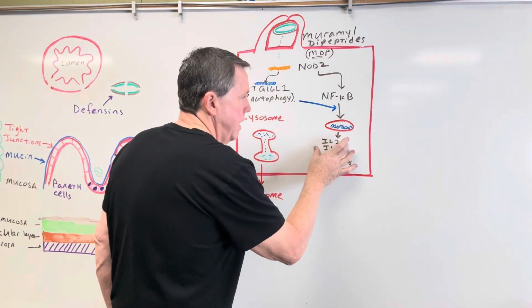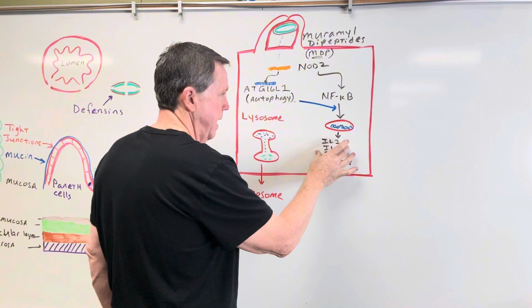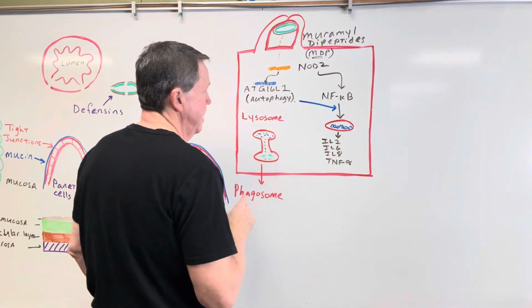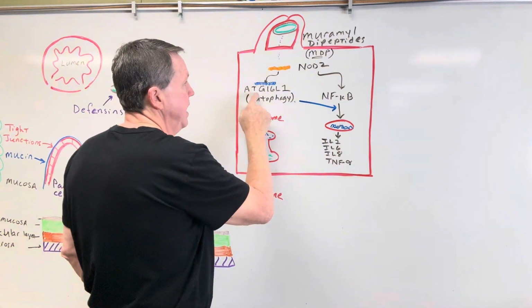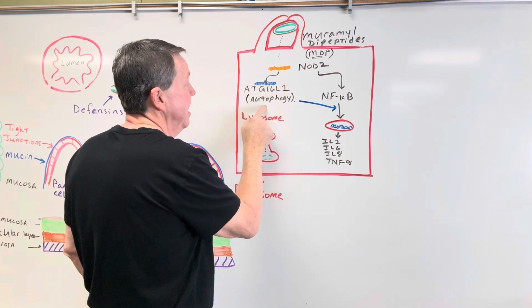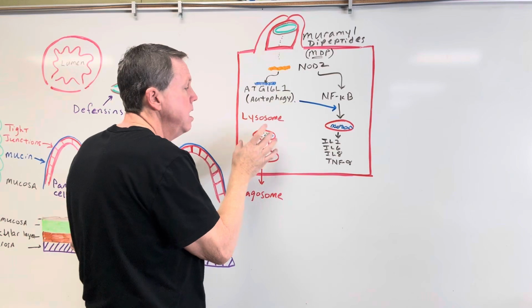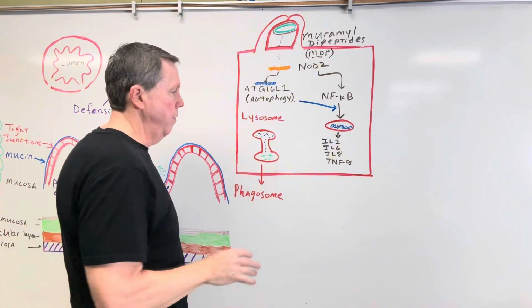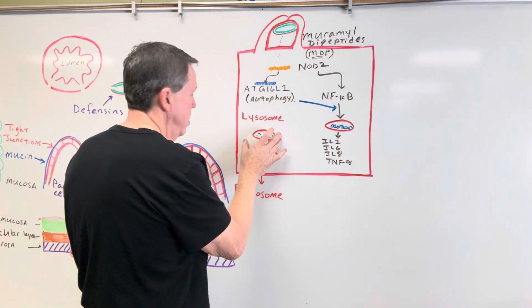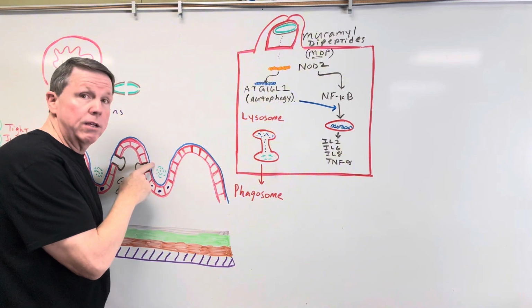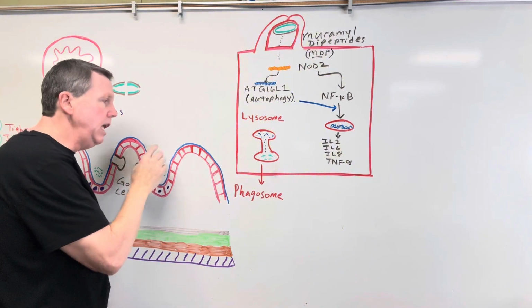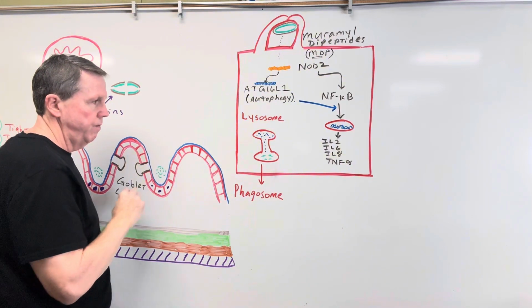I'm not gonna get my immune response, okay? The second thing that's gonna happen is, you see this ATG16L1, that's not gonna happen. So where it's going around and it's pulling this in and it's destroying it, this is no longer gonna happen also. So now I'm not killing these. So again, I'm gonna start to get my microbes building up here in my digestive tract, right?